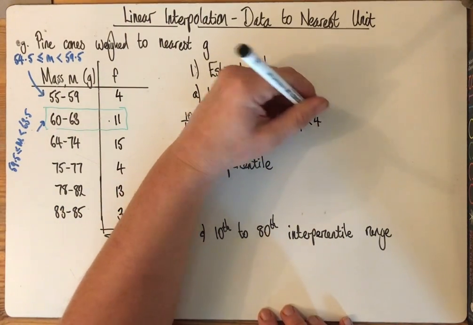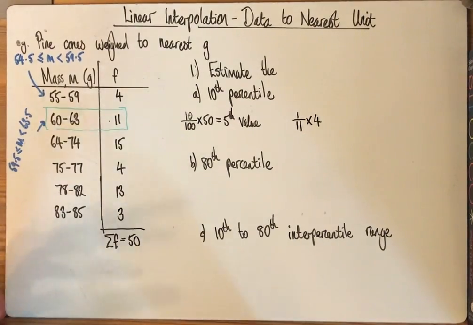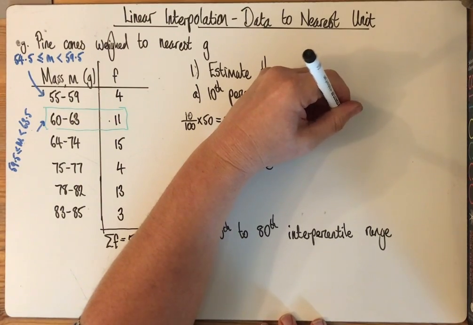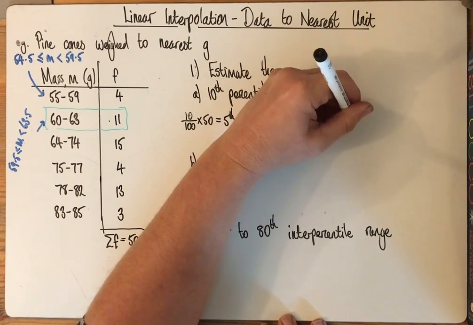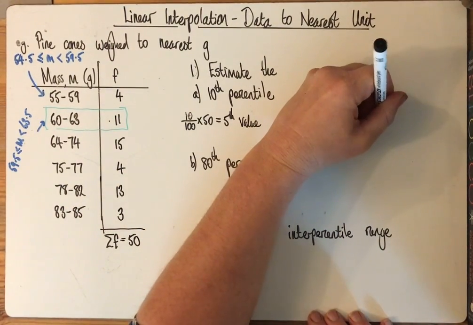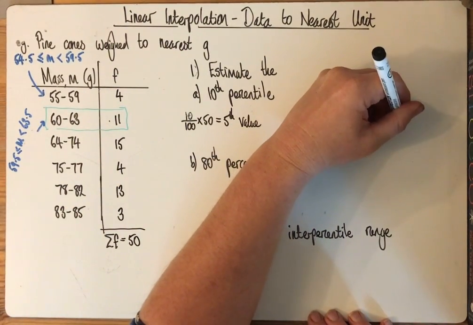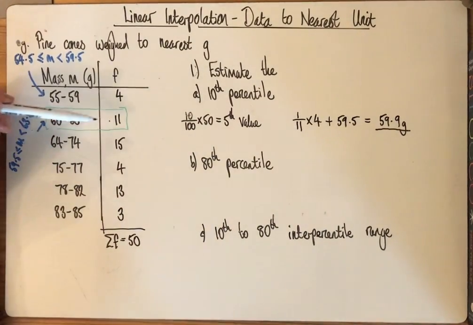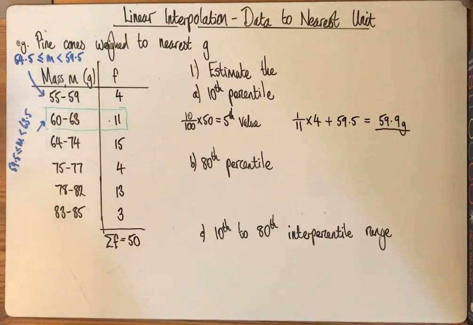So it's that fraction of the class width that we need to go in, and then you add that to the lower class boundary, which is 59.5, and that gives you 59.9 grams. So the method's exactly the same. It's an estimation because you're assuming the values are equally distributed through the classes.